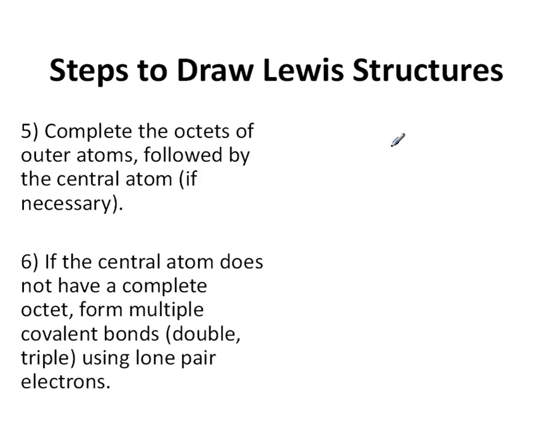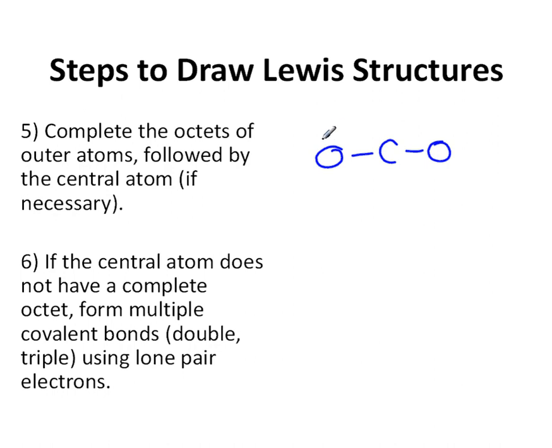So let's just redraw our basic skeletal structure here that we have. And now we have to put in those 12 electrons. So the way that this process works is we have to fill up the octets of the outer atoms and then deal with the one in the center after. We always fill up the ones on the outside first, no matter what we do.